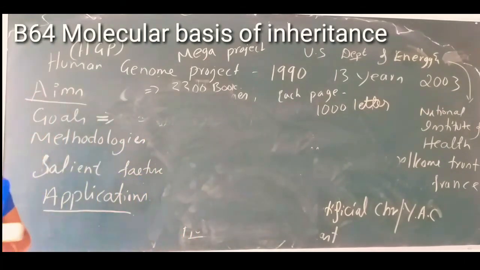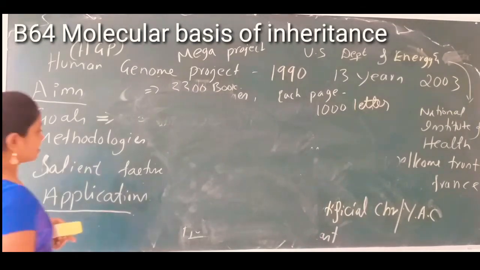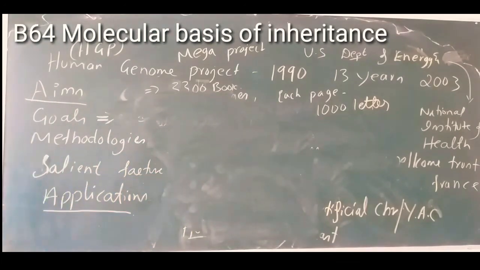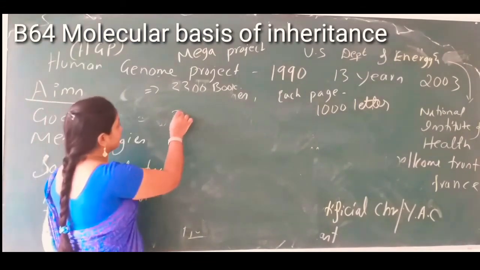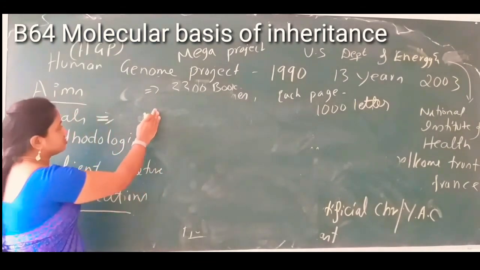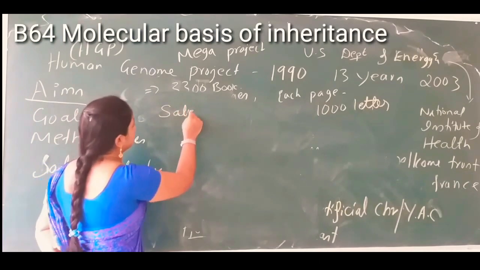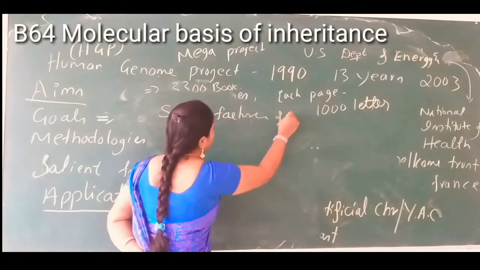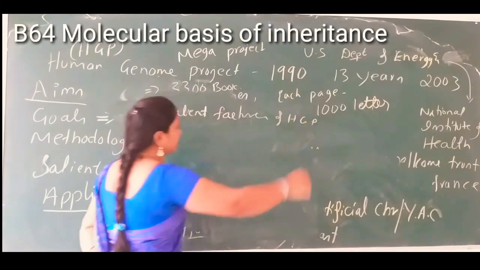So what are the actual salient features, that we'll understand here. The first salient feature is that there are about 3164.7 million base pairs. So I am going to teach you about the salient features of HGP.